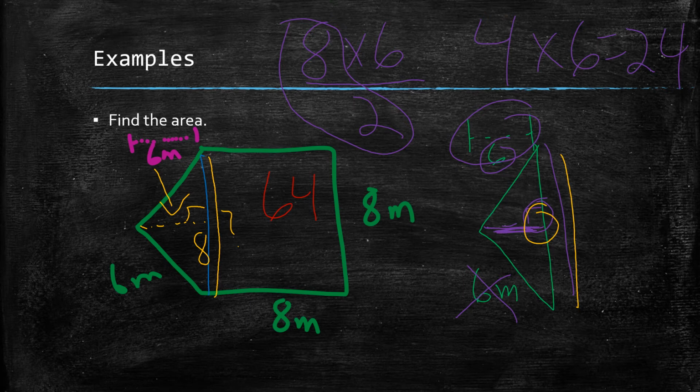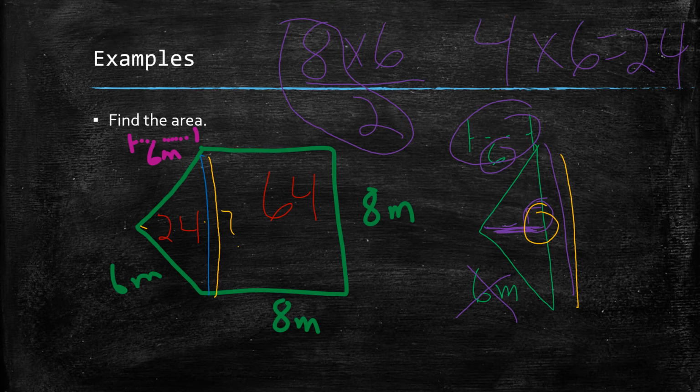So I'm going to erase some of this stuff so that we can read it a little bit better. You can either put your answers into the shape, or more importantly, just have enough space to work and write out your numbers. So I have 64 and then I have 24.